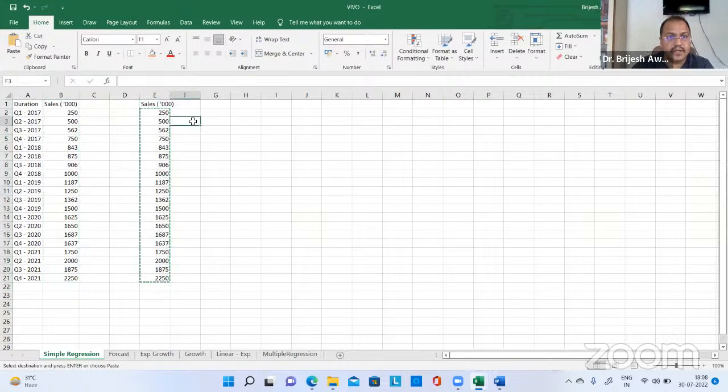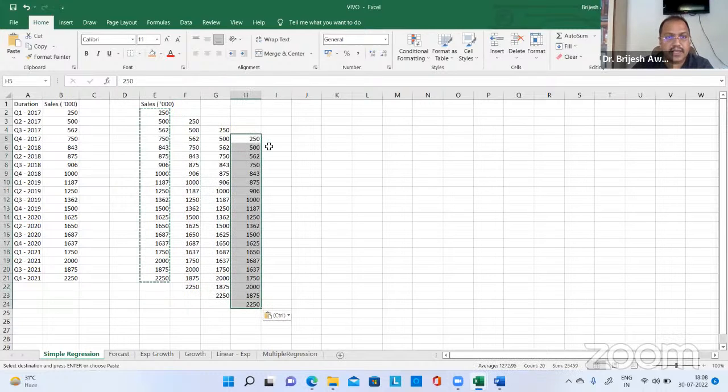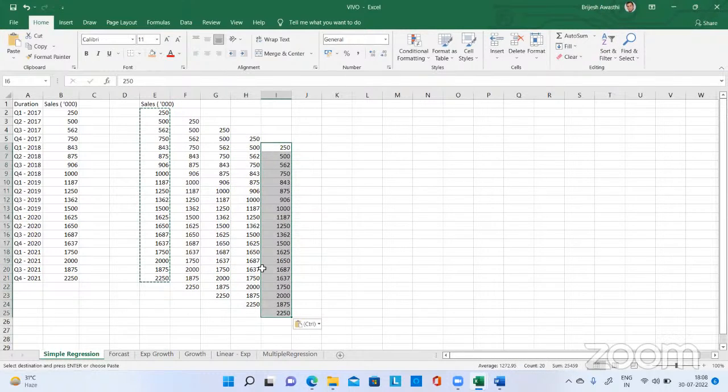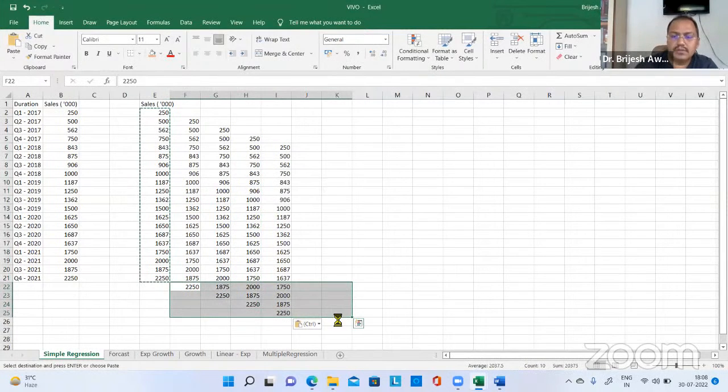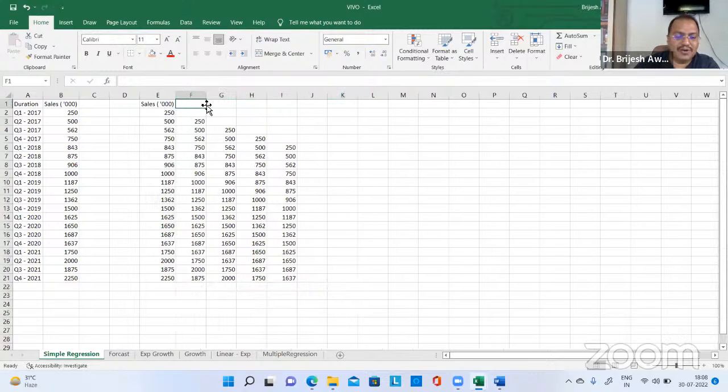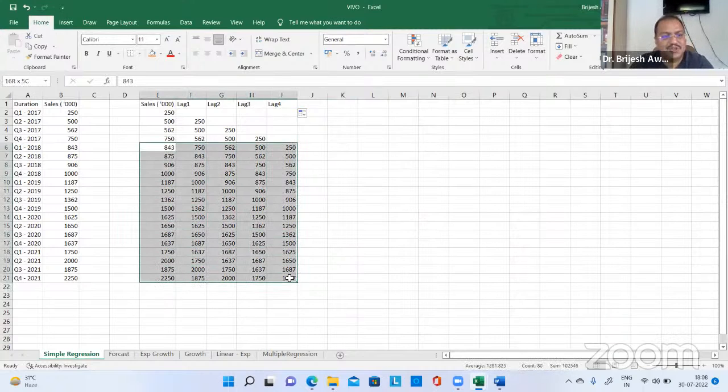Control C. This is lag 1, lag 2, lag 3, and lag 4. We will take 4 lags because we are going to solve this problem on Excel. You can take many lags. If you are going to do it manually, in that case you will not take this many lags.